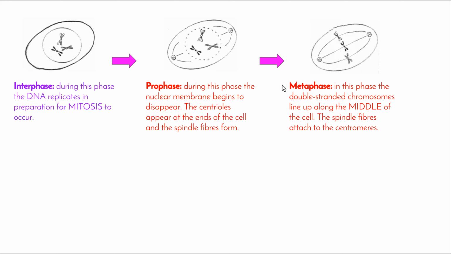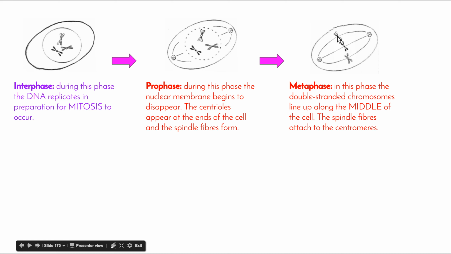In this phase, the chromosomes, so they're double-stranded because they've replicated in interphase, line up along the middle of the cell. What actually happens is the spindle fibers reach out from the centrioles and attach themselves to the centromeres. The centromeres are the part of the double-stranded chromosome that holds the two, what we call sister chromatids, together, which give us that X shape.